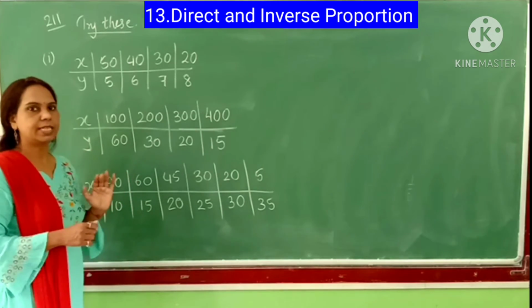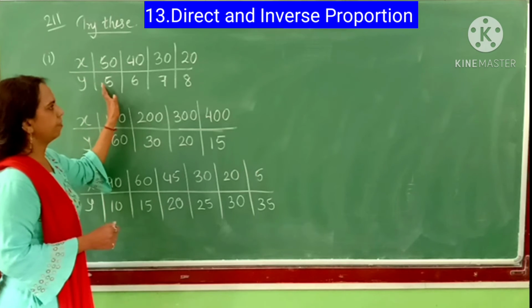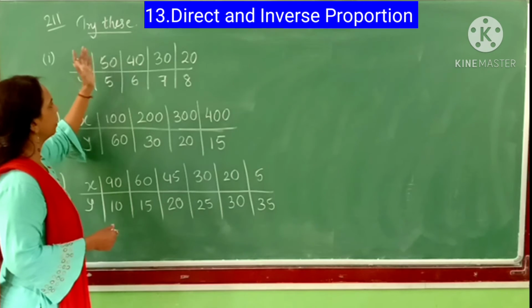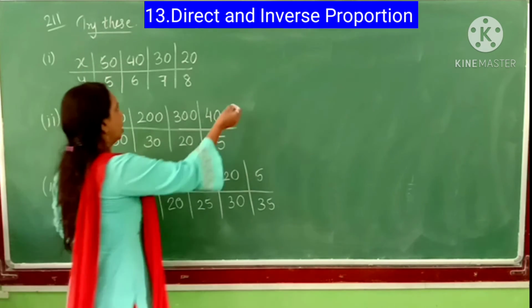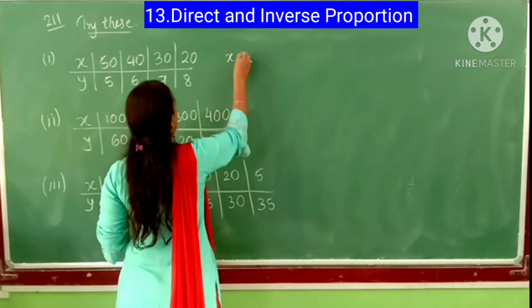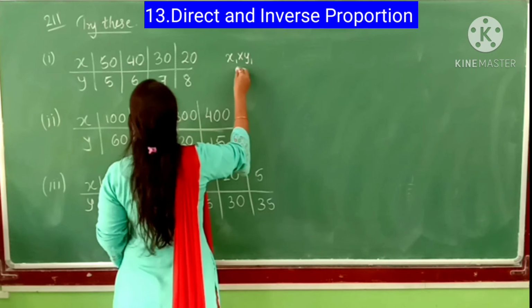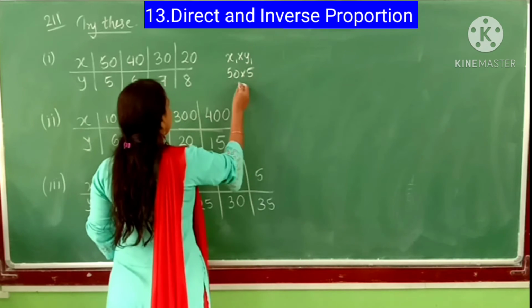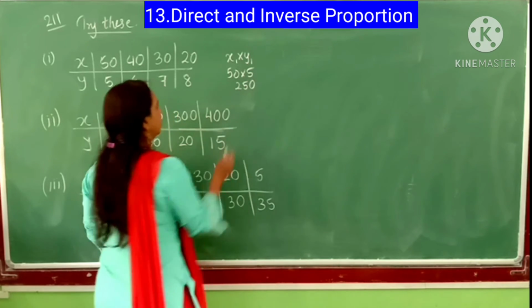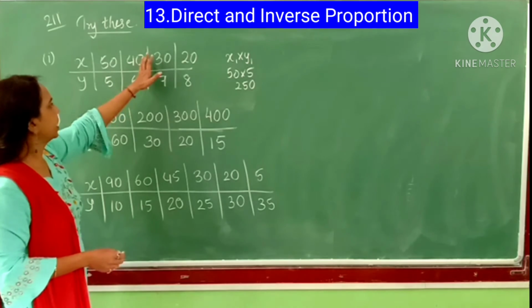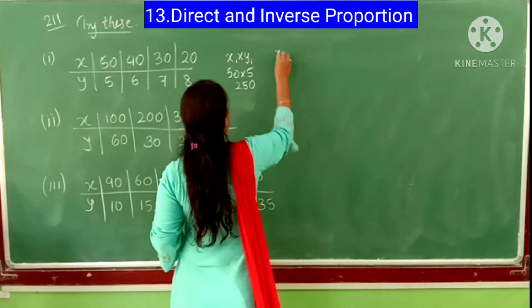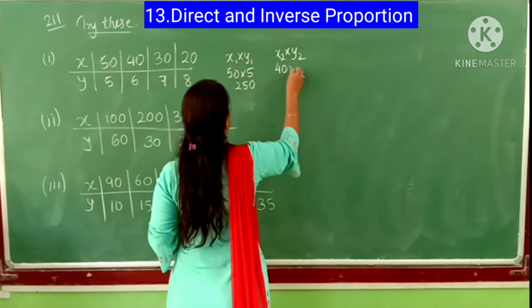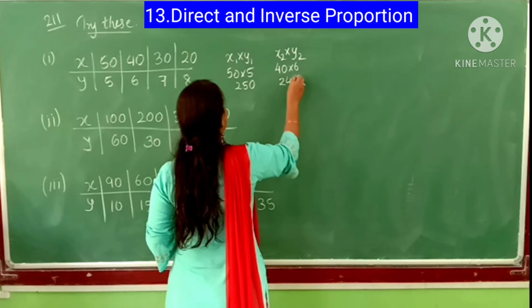So let us see what x1 into y1 comes to. If you multiply 50 into 5, x1 into y1 is 250. Next, x2 into y2, we have 40 into 6, that comes to 240.